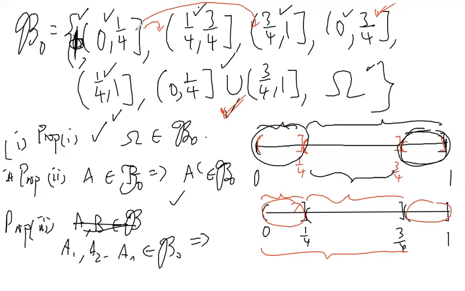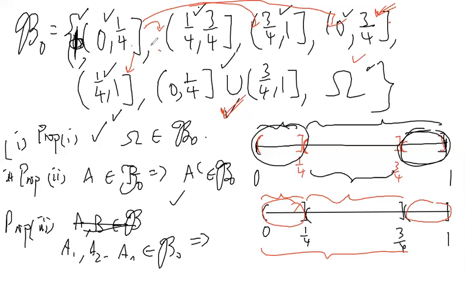Okay. So if you take this guy, union this guy, since this 0 to 3/4 is basically larger than it, if you take the union, you basically just see this one. If you take the union of 0 to 1/4 and 1/4 to 1, it becomes Omega.